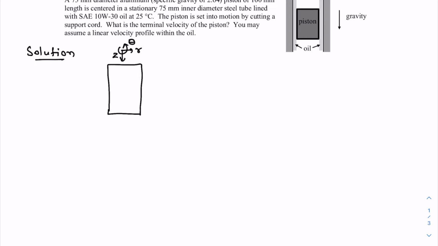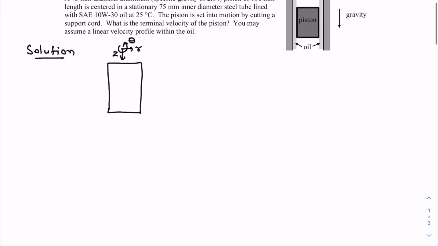But we don't need to worry about theta in this problem. The weight of the piston acts in the downward direction, and the viscous shear forces on the side of this piston act in the upward direction. I will denote them by Fs.